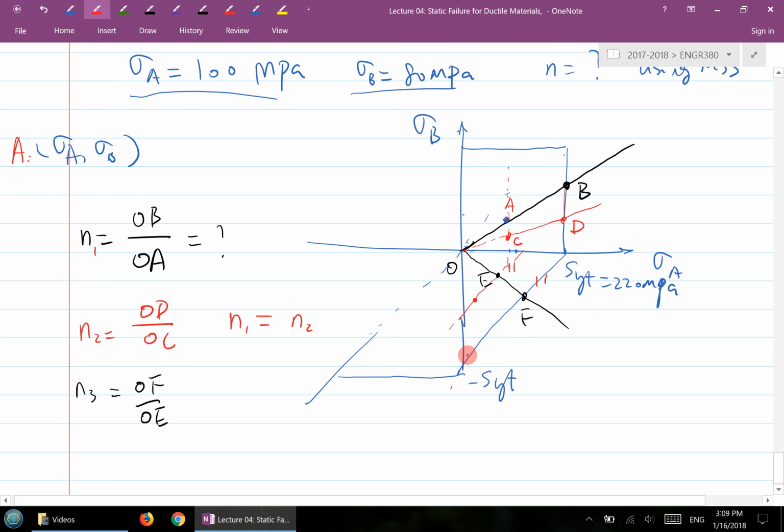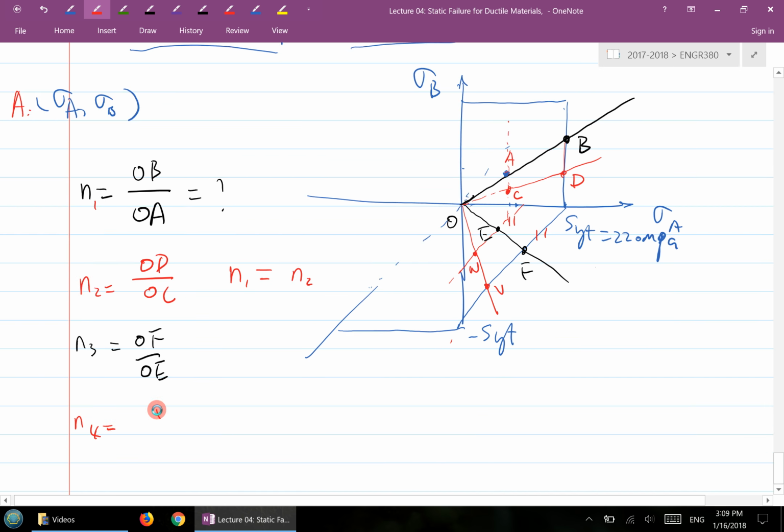Let's call these W and V. So using the same idea of geometry, N4 equals OV over OW, because these two lines are parallel. So this N3 is actually the same as N4.